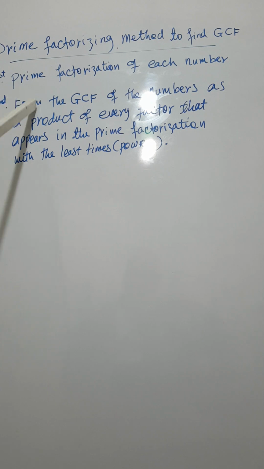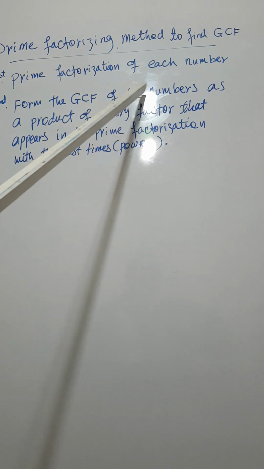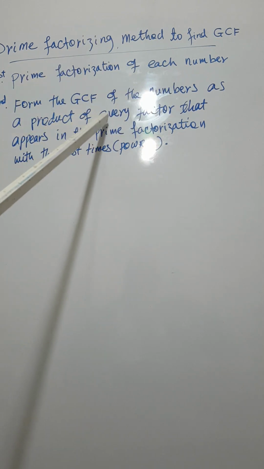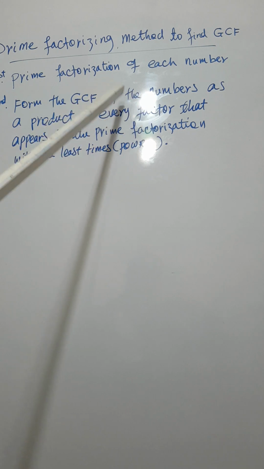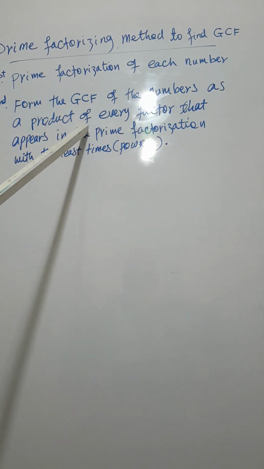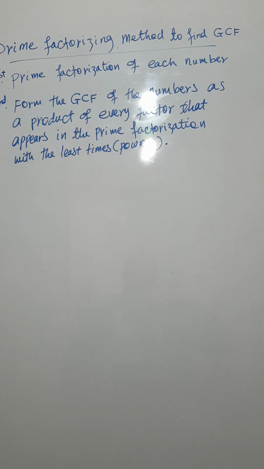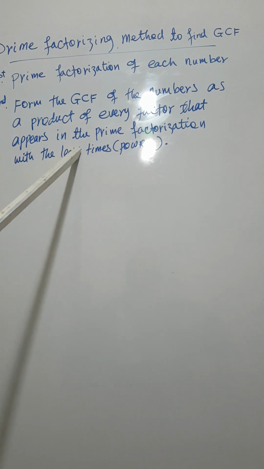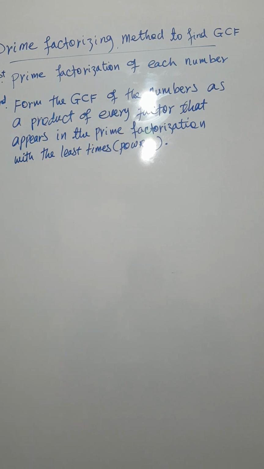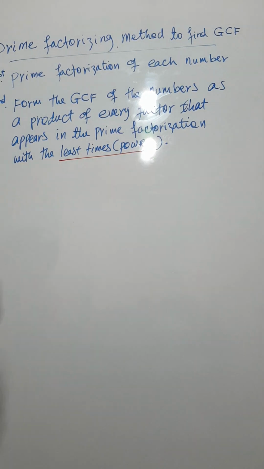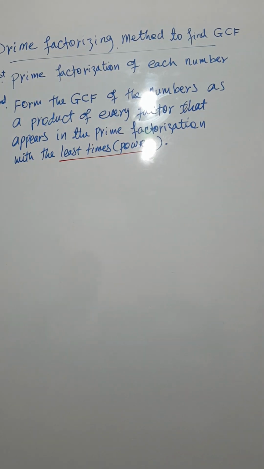The second step is to form the GCF of the numbers as a product of every factor that appears in the prime factorization of all the numbers, with the least power. Using this method, we can calculate the GCF of big numbers.